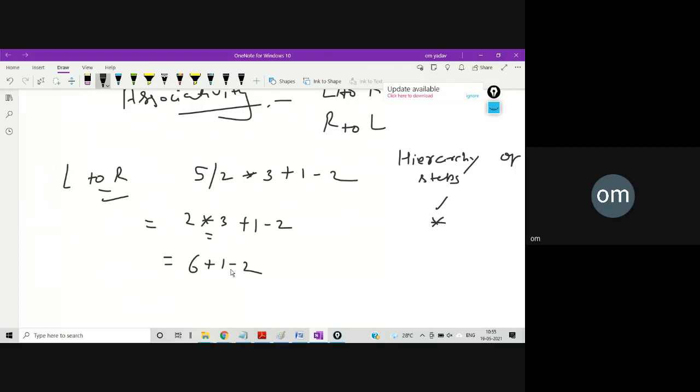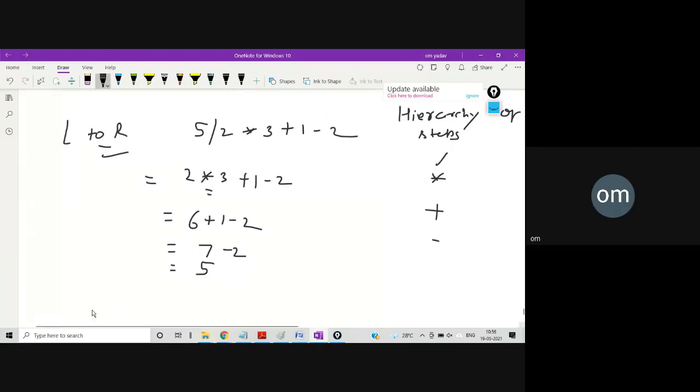So it will solve by the associativity, and the associativity of arithmetic operators is from left to right. So the first operator it will perform is addition. So this will become 7 minus 2, and finally it will perform minus, and this will become 5. So the final answer will be 5.